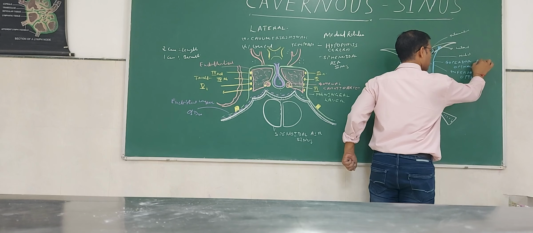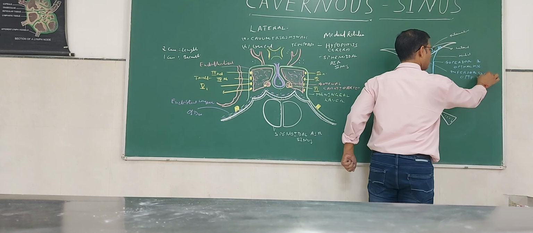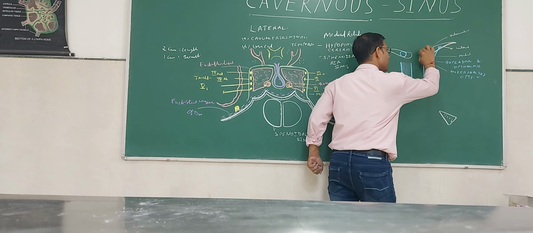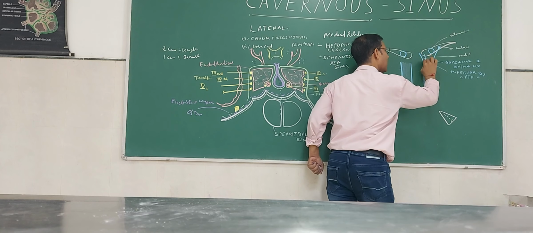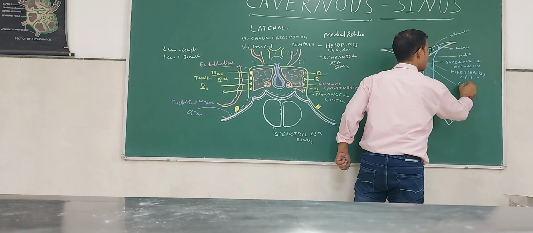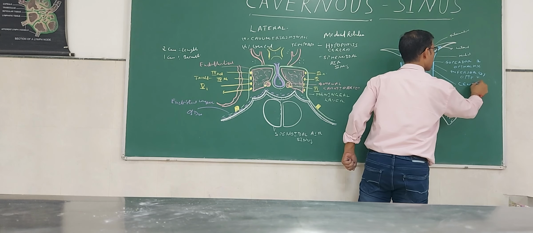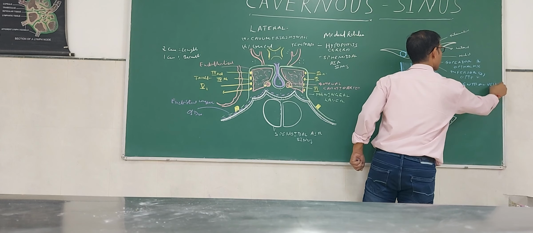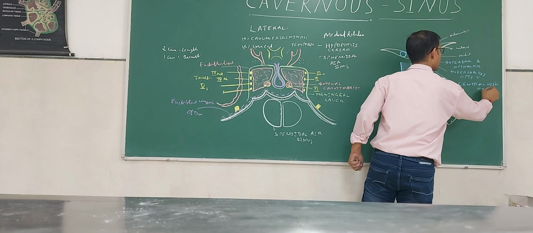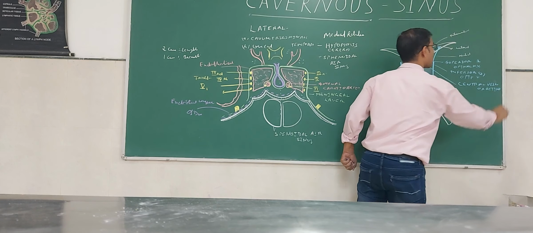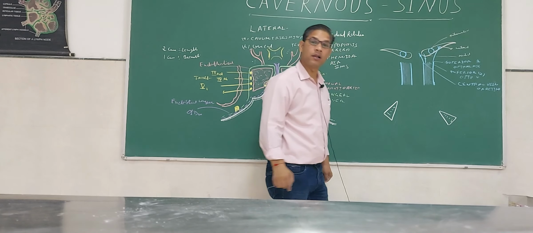So one, superior ophthalmic vein; two, inferior ophthalmic vein; and three, a vein coming from the optic canal, the central vein of the retina, which is draining the inside aspect, the curtain of the eyeball.